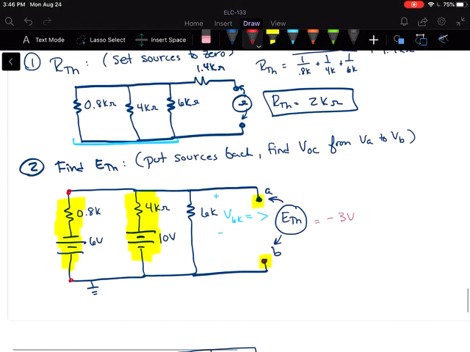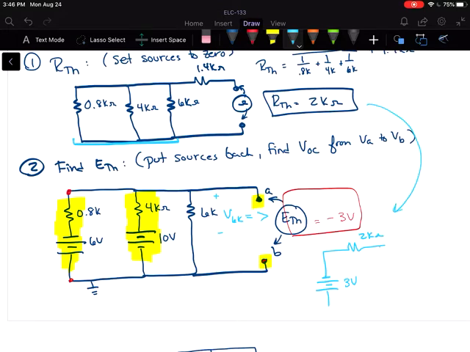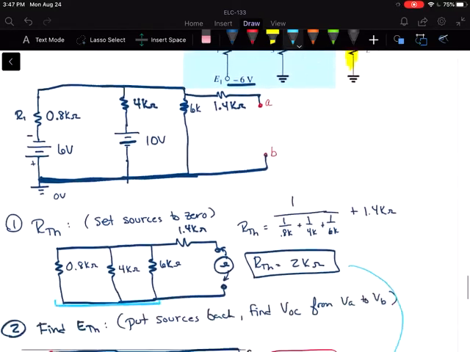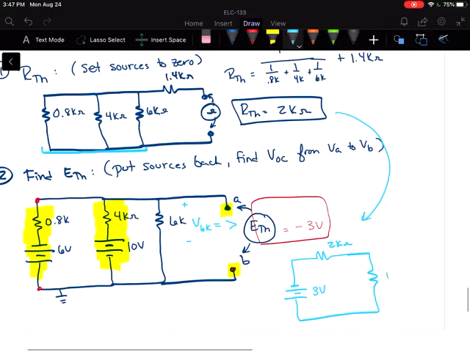So that means when I put this together, I have my E Thevenin at 3 volts here. My R Thevenin, which is 2K, found that up here. And then I can put back, I guess, what was over there? RL. It was an unknown resistor, just RL.